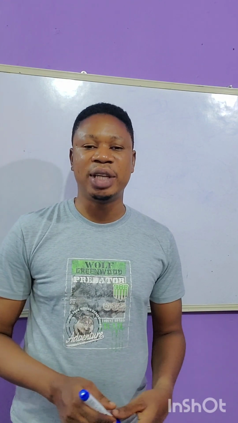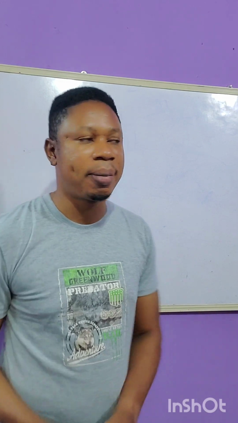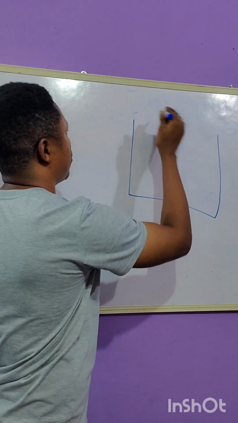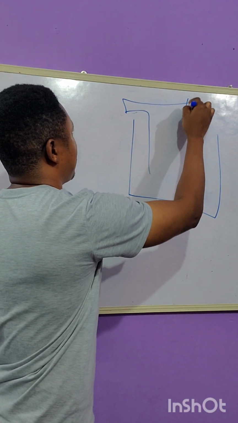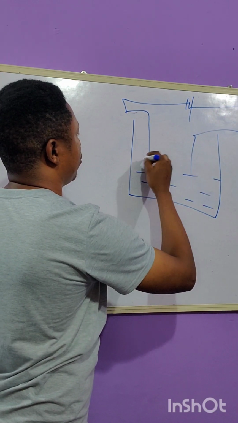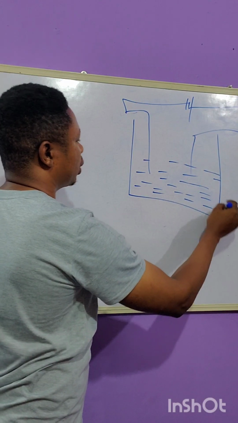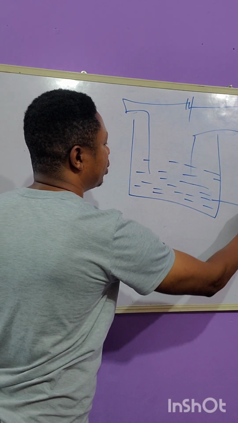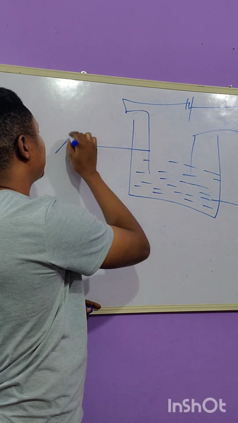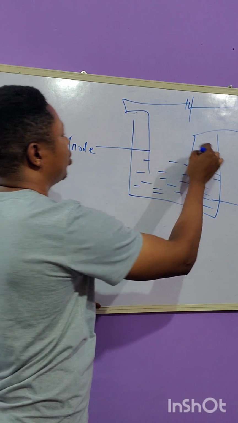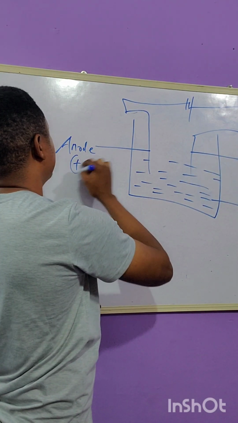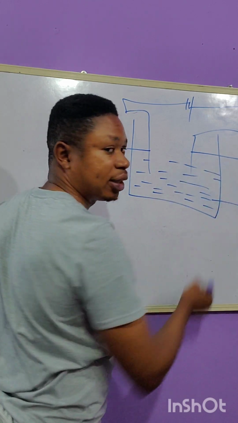Okay, let me give you the simple diagram of an electrolytic cell. So this represents your electrolyte. You can use copper sulfate solution. I can pick this one as my anode, and this one can be my cathode. Positively charged anode, negatively charged cathode.